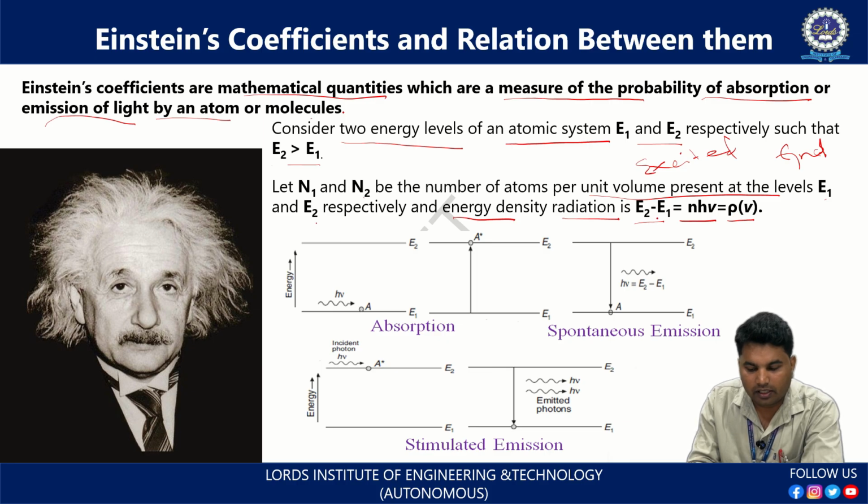So here E2 minus E1 is representing the change in two energy states, and n h nu is giving a reference with the number of photons along with the Planck constant, where n is the number of photons, h is Planck constant, and nu is frequency.